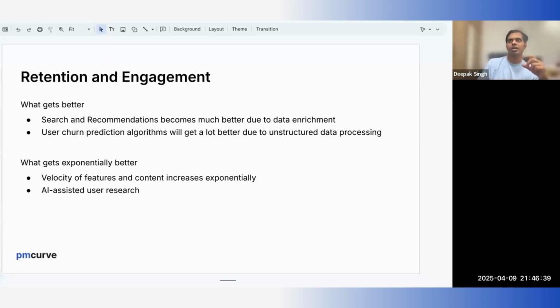See, when you are doing research as a PM, as a growth PM, and talking to a user, what I have realized is that I have gone and read the summaries of research reports done by some third-party agencies, and I have also talked to real users.